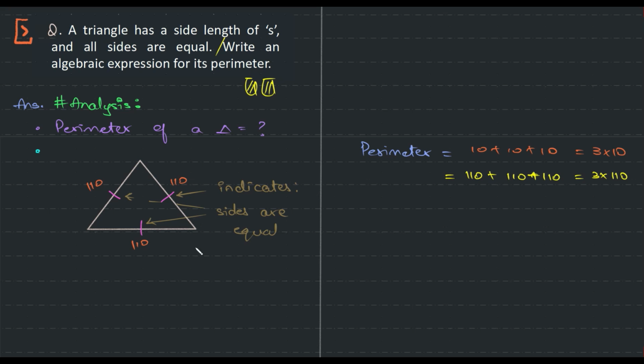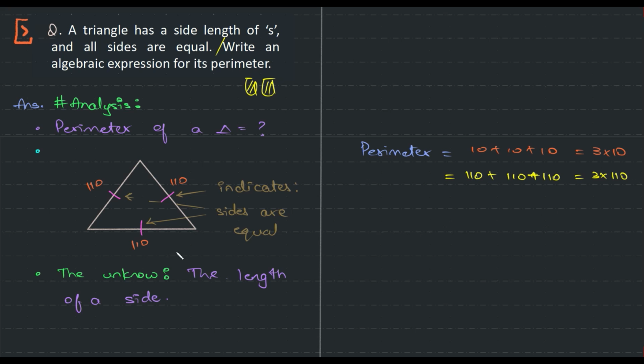So this is the breakdown, and I have a basic idea of it. So here, what is the unknown? The unknown would be the length of a side.